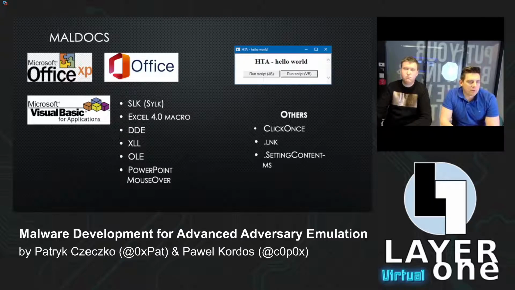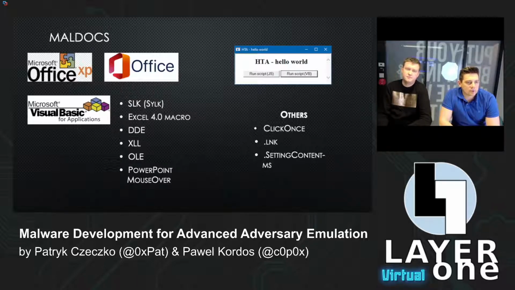So the most popular option is still, since 20 years ago I think or more, Office and Visual Basic for Applications, so VBA macros. But there are also a lot of other techniques to execute malicious stuff from Office documents, like old XLM macros, dynamic data exchange, symbolic links, those are called SYLK files.